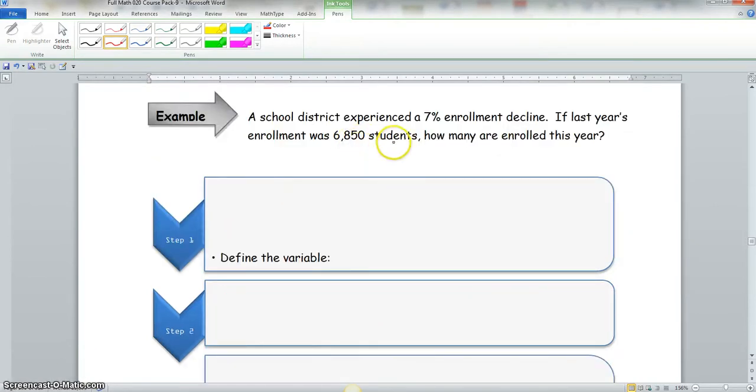Now this next example is somewhat similar to the previous example, except we're dealing with a decline. It says the school district experienced a 7% enrollment decline. If last year enrollment was 6,850 students, how many are enrolled this year? So X is equal to this year's enrollment.